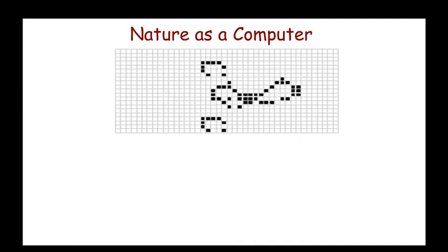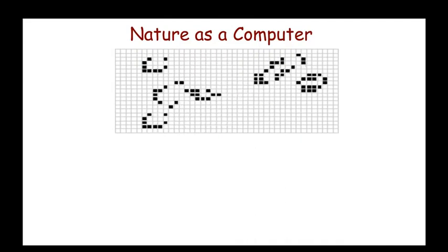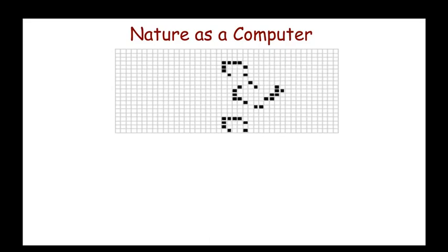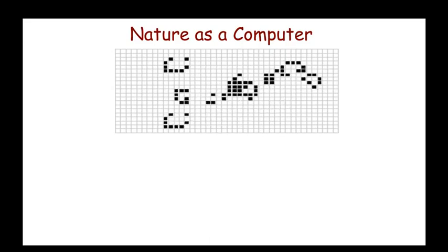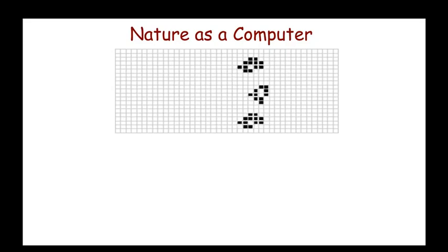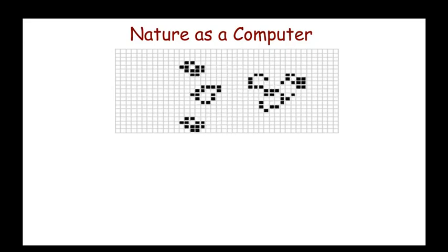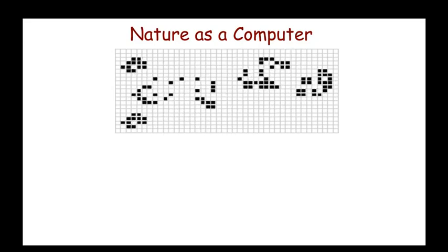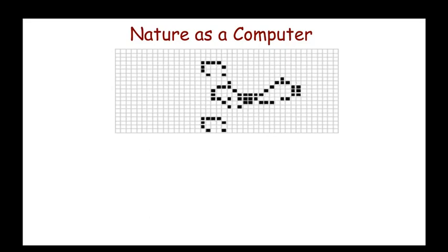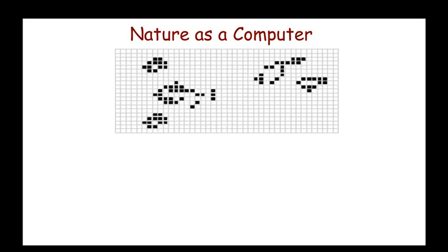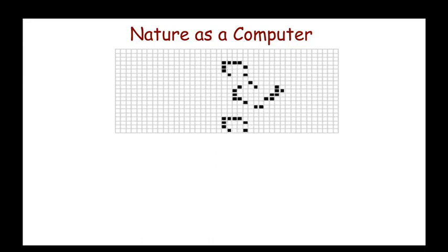So in a cellular automaton, each cell looks at its small neighborhood, the cells around it, and its new state, it's in one of a finite number of states, and its new state is a function of the states of all the cells in its neighborhood.